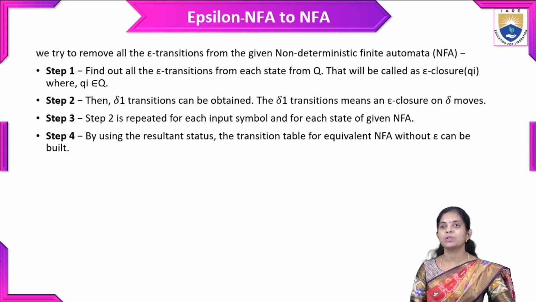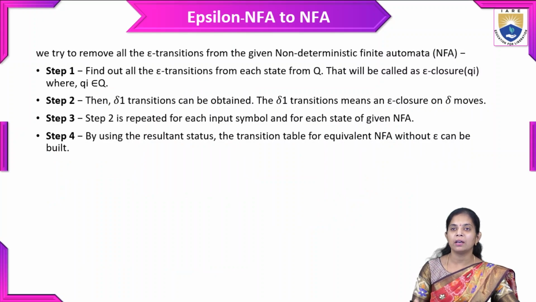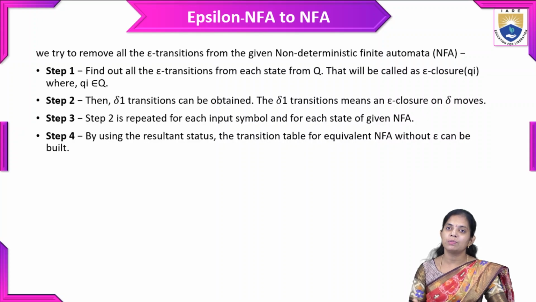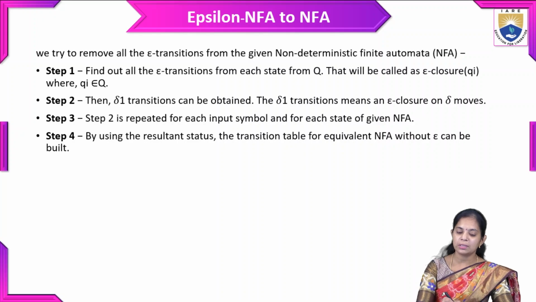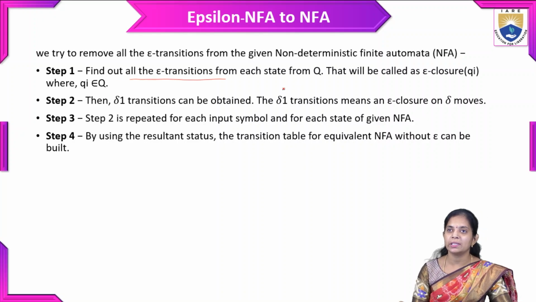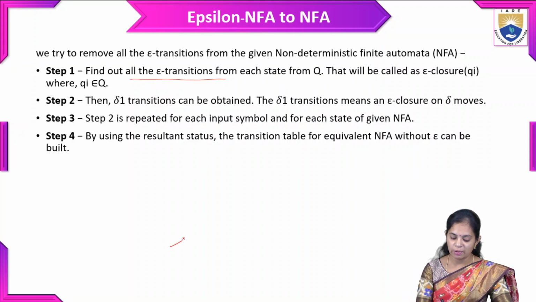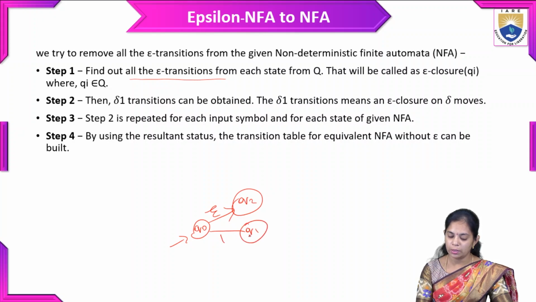Here are the steps to remove the epsilon symbol, so we can convert the given Epsilon NFA to a normal NFA. The first step is to find all the epsilon transitions from each state of Q. Suppose we have Q naught, and on the epsilon symbol it reaches the state Q2, and on 1 it reaches Q1.